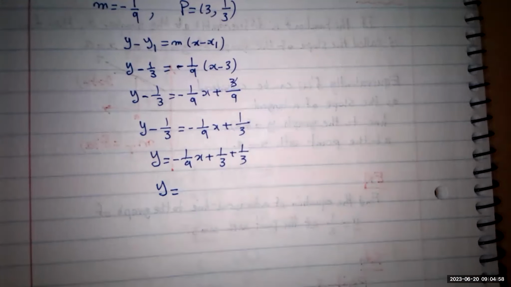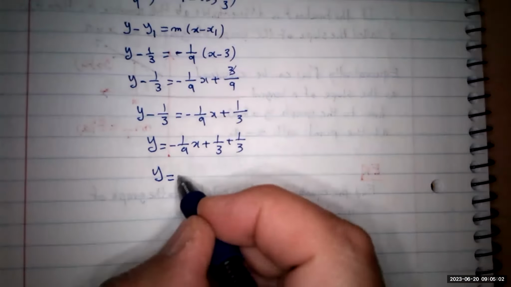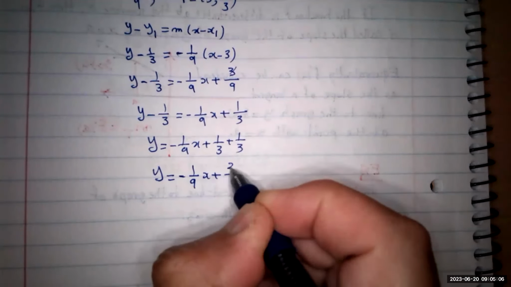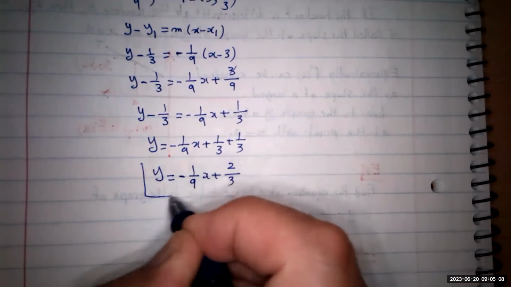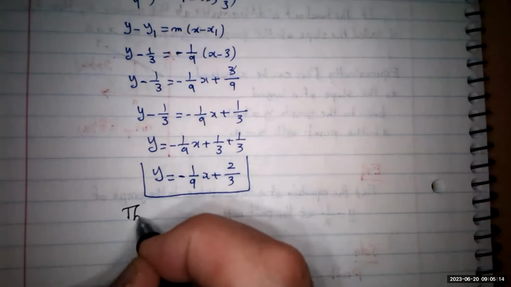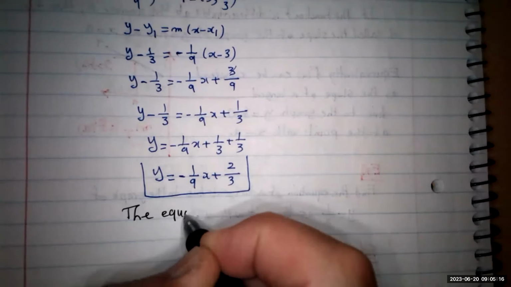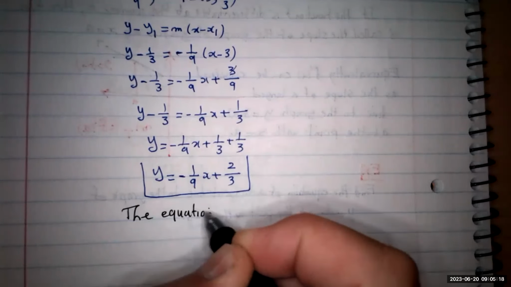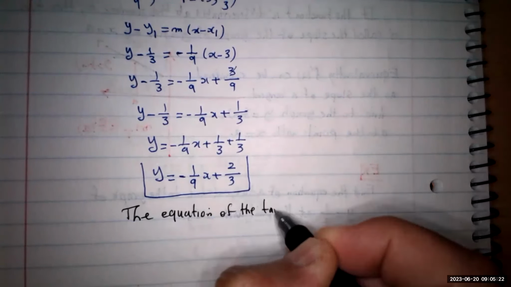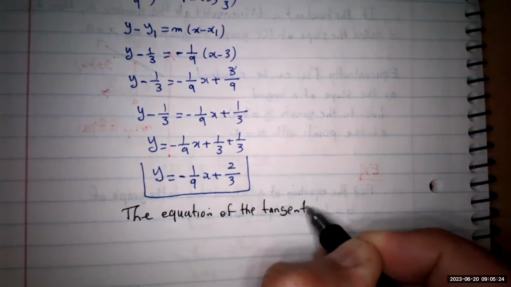So y equals -1/9 x plus 2/3. So this would be considered the final answer. Okay, so this is the equation of the tangent line.